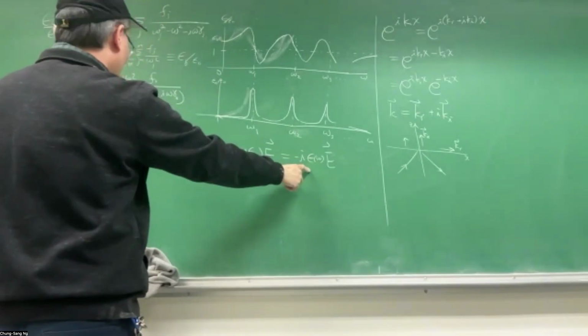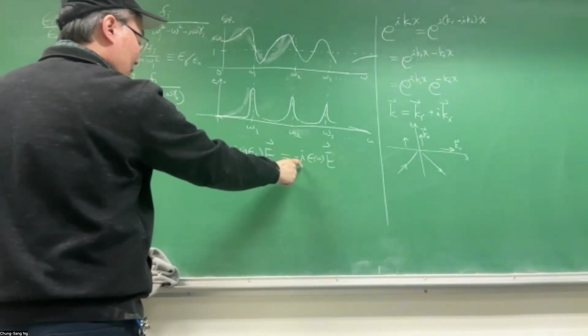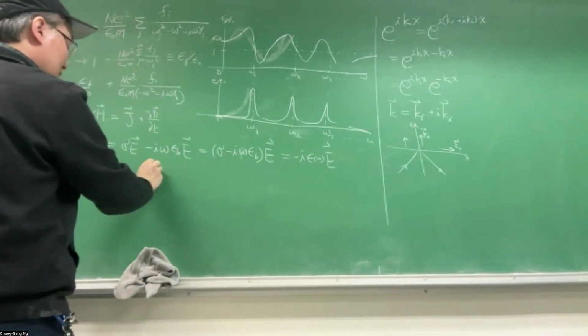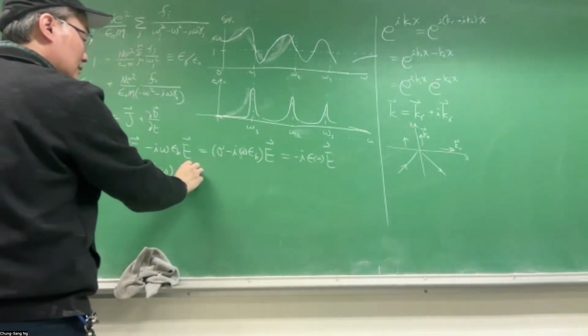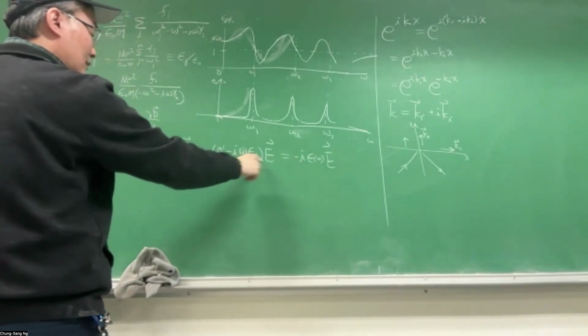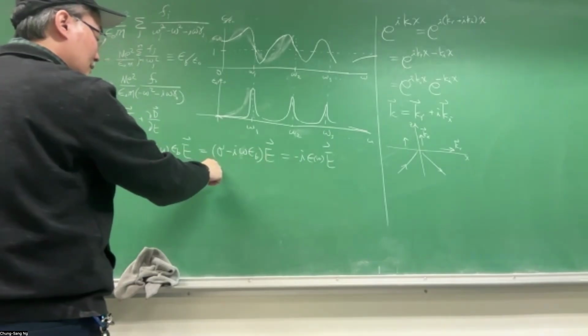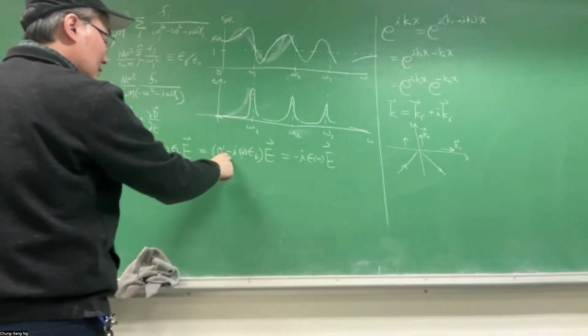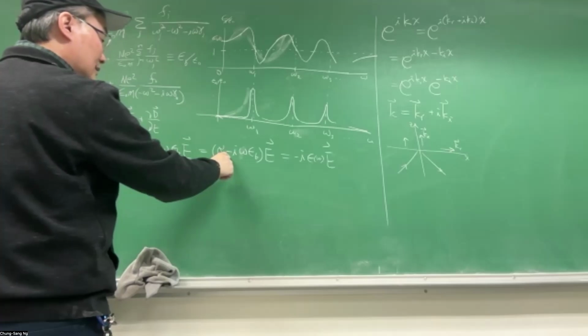Now we look at this one, so we can say that for this case, epsilon of omega equals, we just compare this with that, divided by minus i omega over here. So the minus i cancels with that.